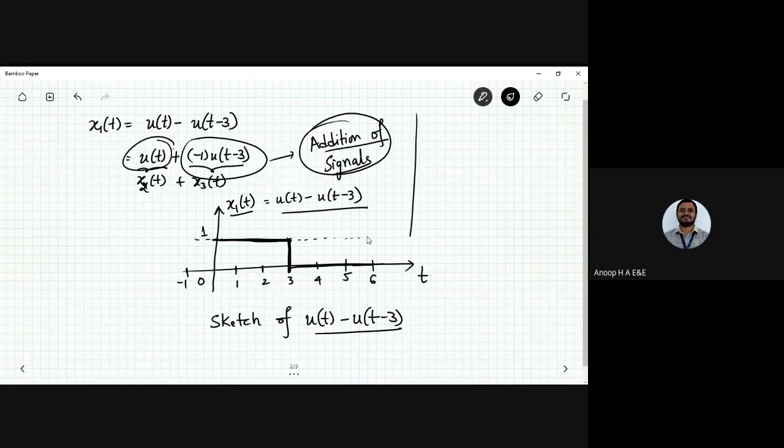Now, I need to have a notation in a mathematical way. Mathematically, x1 of t can be represented as 1 and 0, where 1 is for t lying between 0 to 3, and it is 0 elsewhere.